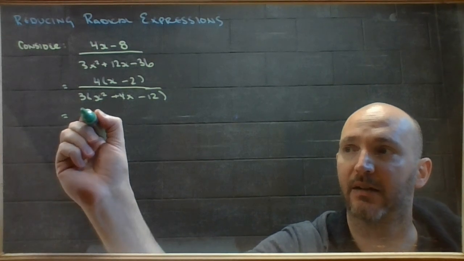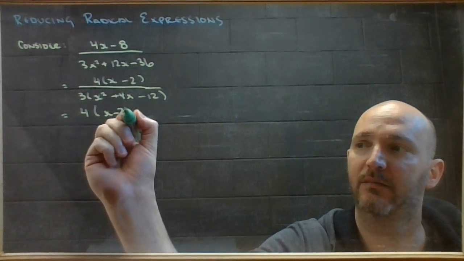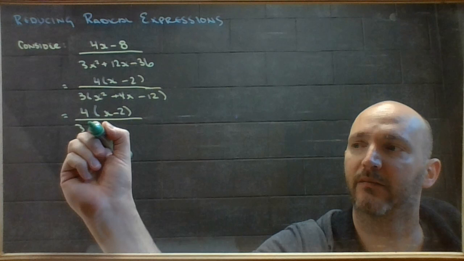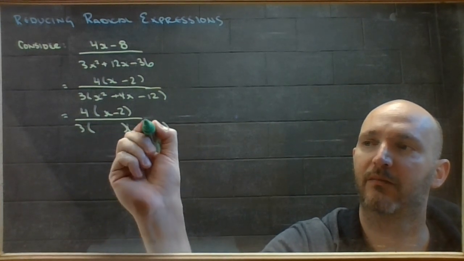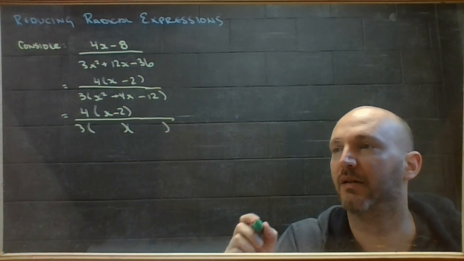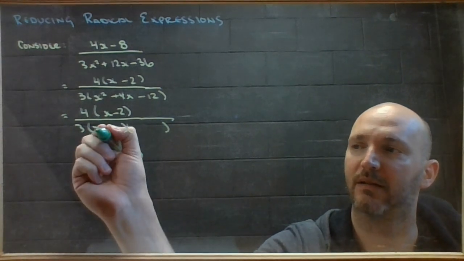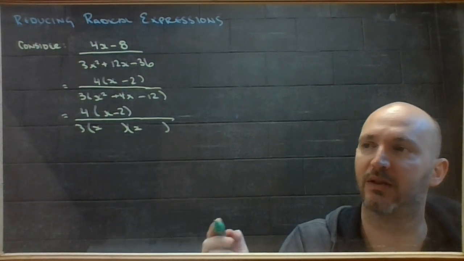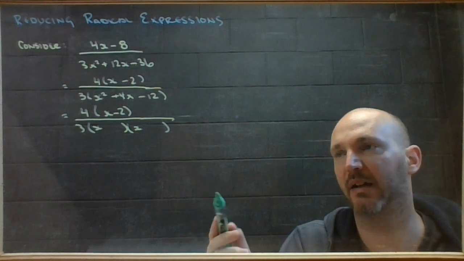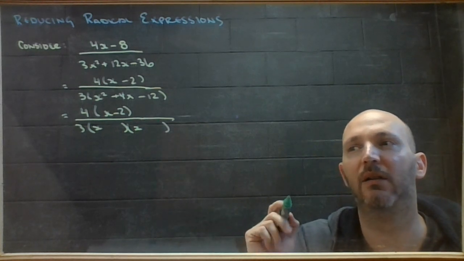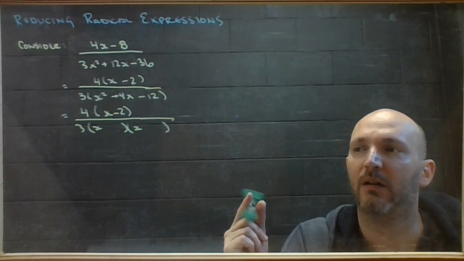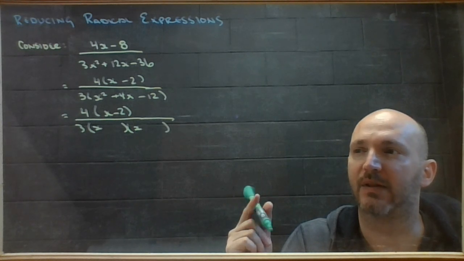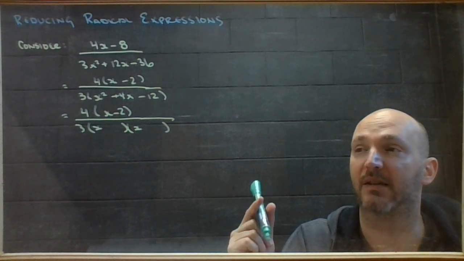I'm hoping I can factor it. So I need an x in front, and I need two numbers that multiply to negative 12 and add to 4. I think that's positive 6 and negative 2.